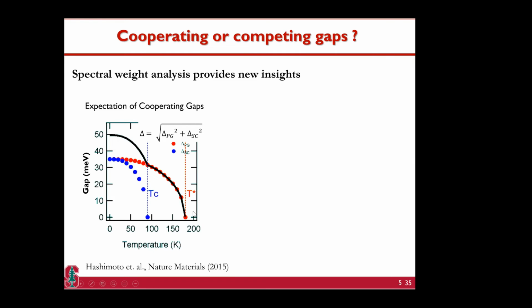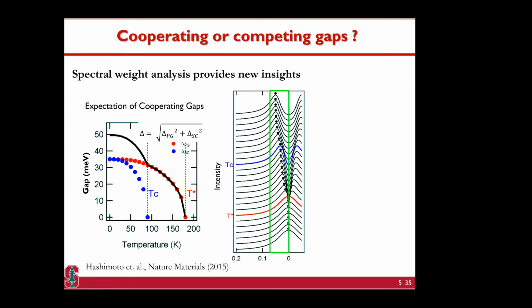At T star, you opened up one gap. At TC, you opened up another gap. Then the 2 gaps add in quadrature, naively in this way, in other words, adding on top of each other. Then if you plot the spectral intensity, you end up in this way.